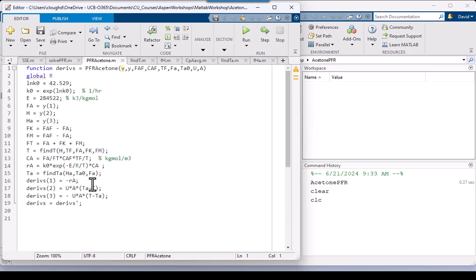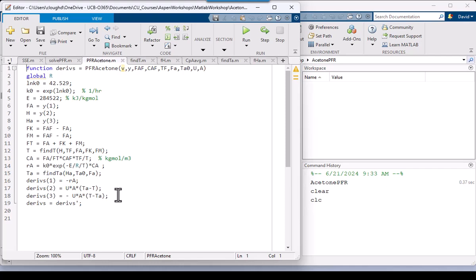Apart from that, we have computing the concentration, the rate of reaction, and then our three derivatives, where the second and third one are for the enthalpy values of the reaction mixture and the air. So that, including all those supporting relationships, is pretty much it.